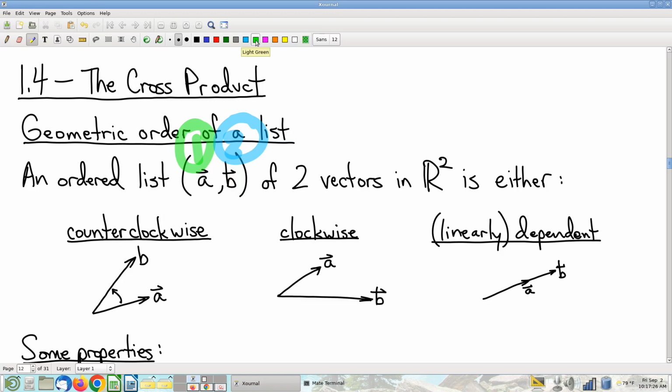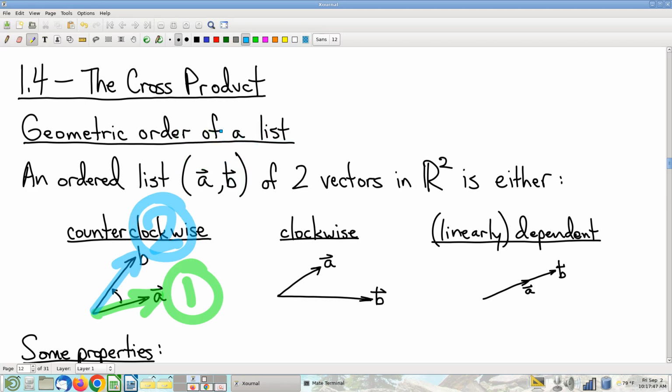With that order, let's talk about what the vectors look like. As of writing this list, I haven't shown you geometrically where the vectors are. Suppose that A were this vector. Again, that's the one that's first. And suppose that B were this vector, the one that's second. How would we describe this list in terms of the directions that those vectors point?